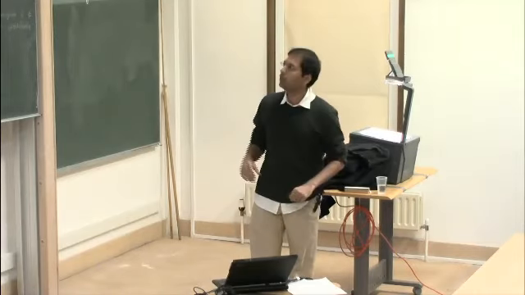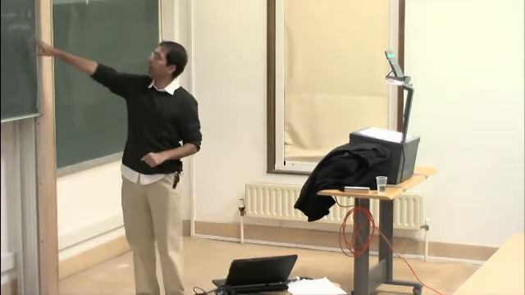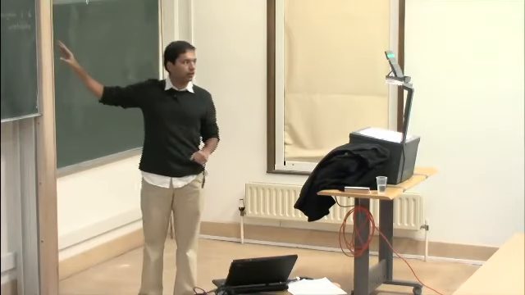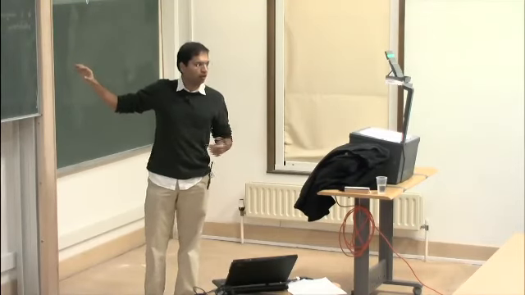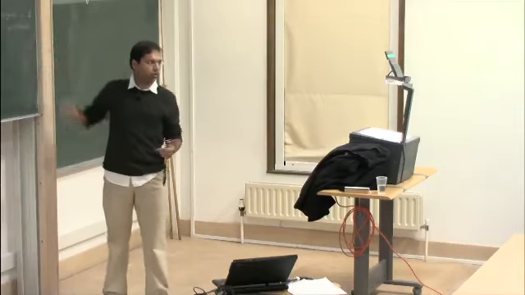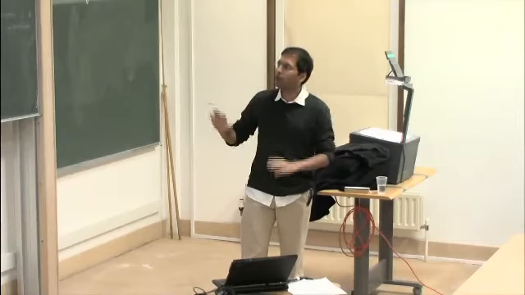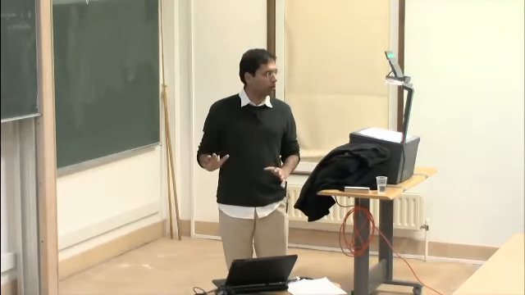That's trivial. Then Max 3-SAT. Here, let's say to every variable I assign true or false at random. Then each clause is satisfied with probability 7/8, right? So in expected sense, you satisfy a 7/8 fraction of the clauses. You can always de-randomize this algorithm if you want. And the best assignment could possibly satisfy all the clauses, right? So this algorithm already qualifies as an 8/7 approximation.